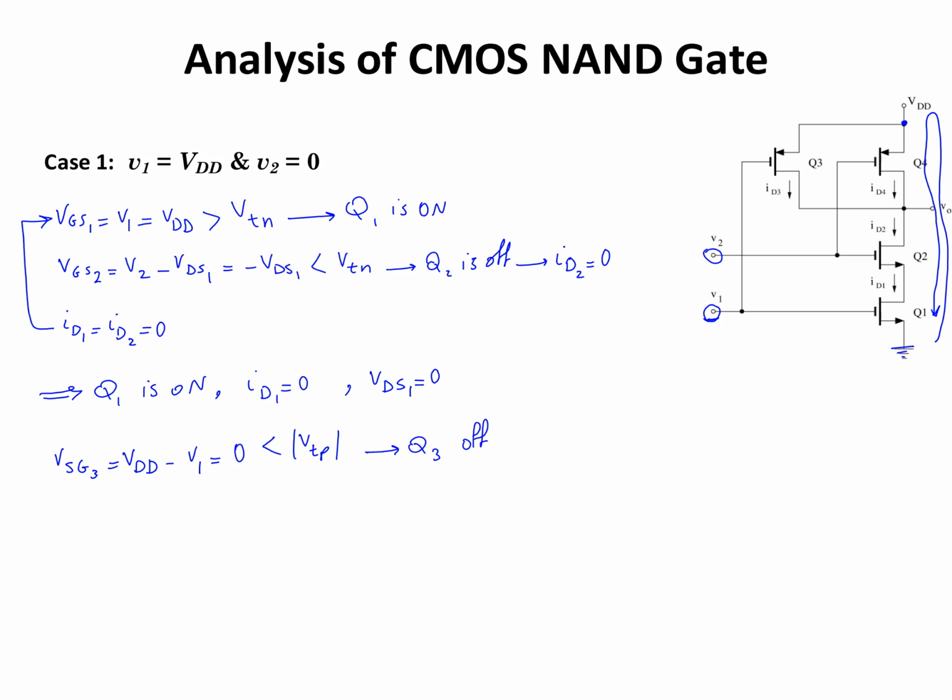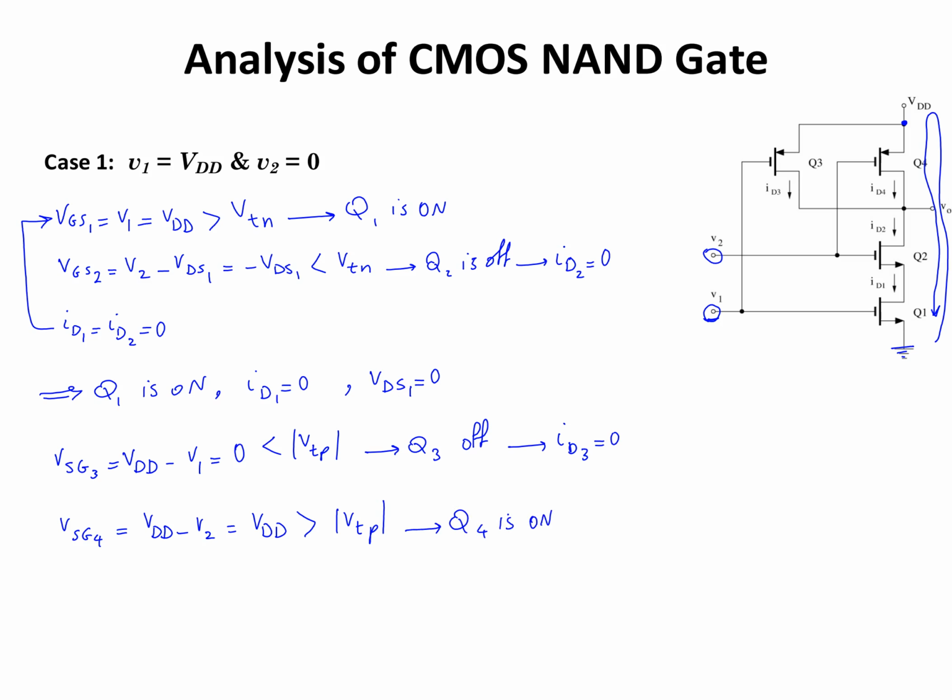From there, I know that ID3 is equal to 0. How about Q4? VSG of transistor 4 equals VDD minus V2. V2 is at 0 volts, so it's going to be VDD. This is greater than the voltage threshold for PMOS. As a result, Q4 is on.